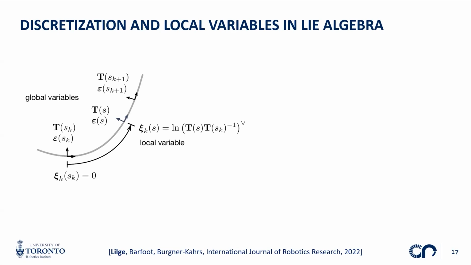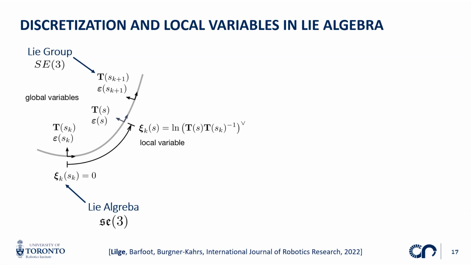The second thing I do is, between two individual nodes, I define local variables to express the pose. These local variables are defined in the Lie algebra. So while our global variables are defined in the Lie group, we have local variables here that are defined in the Lie algebra, which is the tangent space of Lie groups.